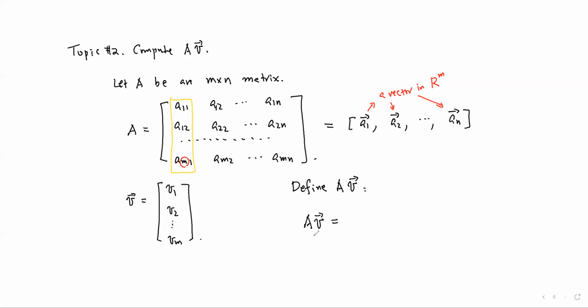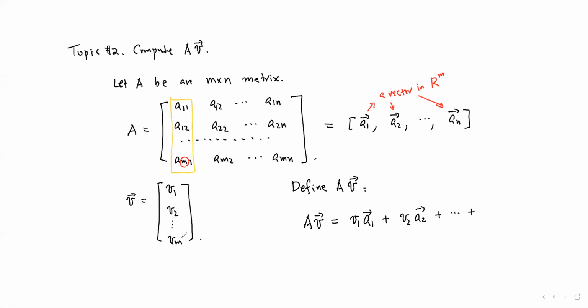That means A times V is this vector: scalar V1 times vector A1, plus scalar V2 times vector A2, and so on.